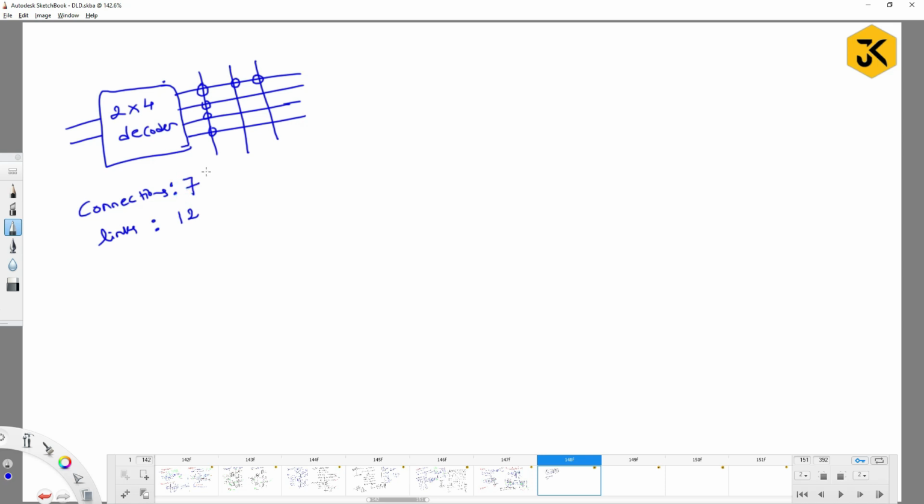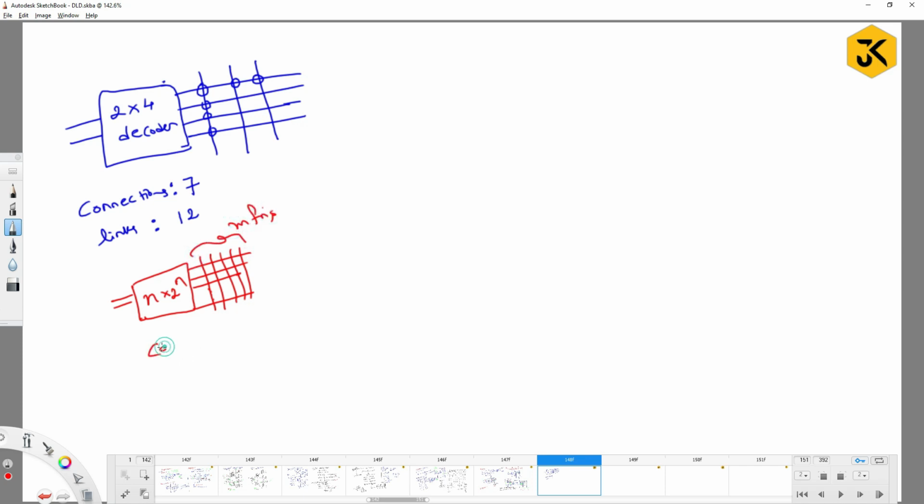Yes, right. Similarly, if I would like to generalize it, how can we generalize this one? Let me take, instead of a 2 by 4 decoder, an n by 2 power n decoder, and assume that m functions are there.